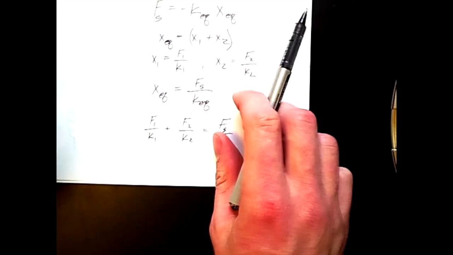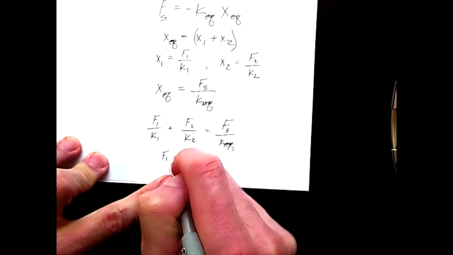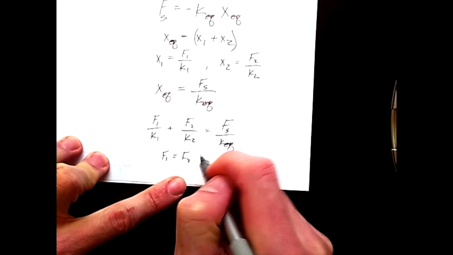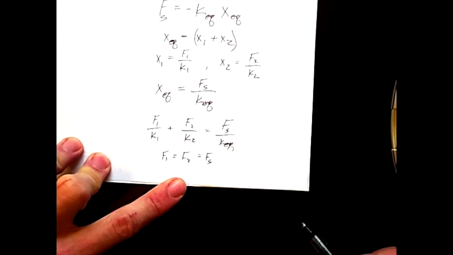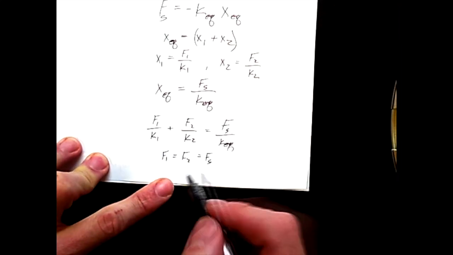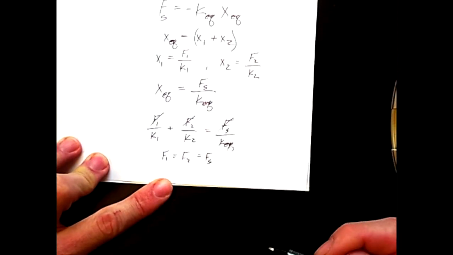So in a surprising kind of analysis using Newton's third law, we see that F1 is equal to F2 is equal to F_s. And this is because the system's at equilibrium and all of the forces are equal and opposite throughout the pathway. So if we go back to that, then these are all the same.